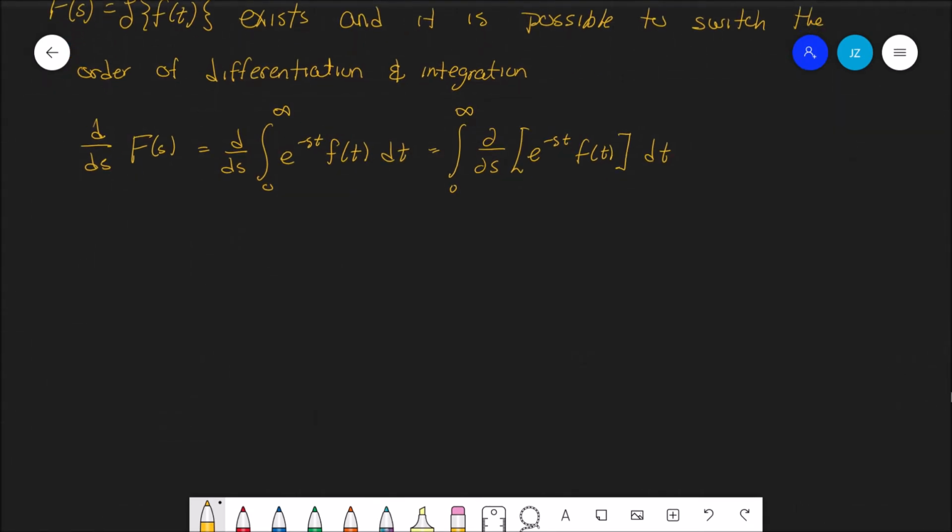So this is equal to negative the integral from 0 to infinity of e^(-st) t f(t) dt, which is equal to the negative Laplace transform of t f(t).